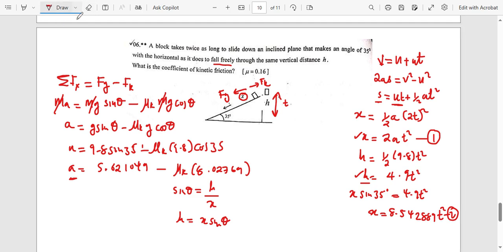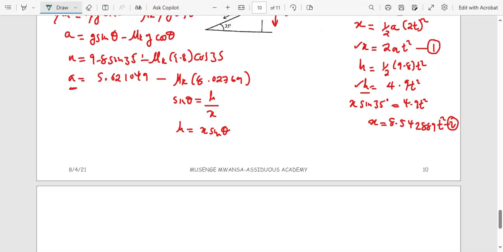Equation 1 and equation 2. So we are going to have equation 1, 2a t squared, equal to equation 2, 8.542889 t squared.